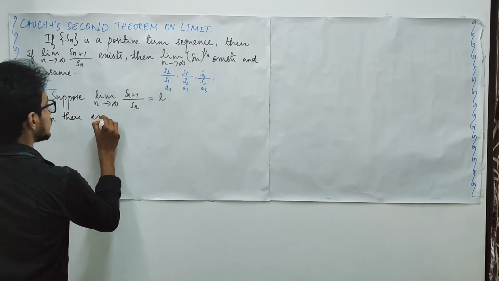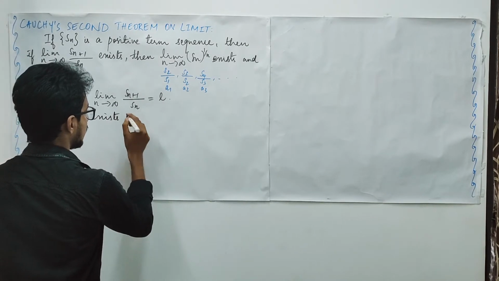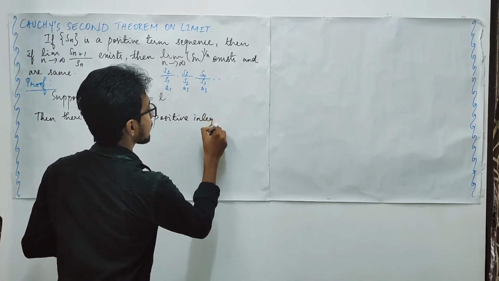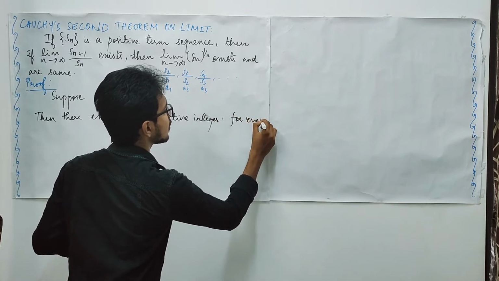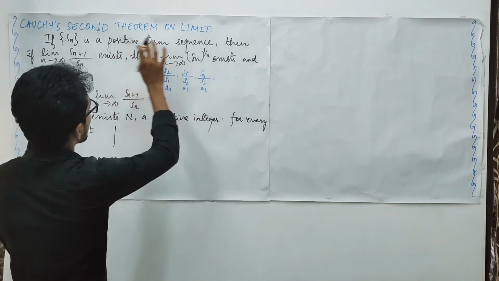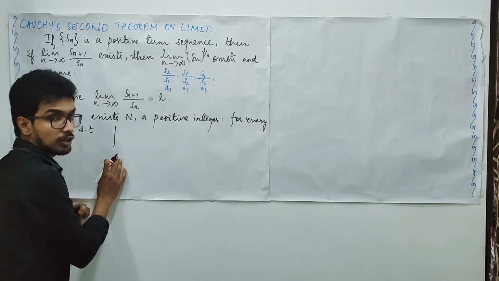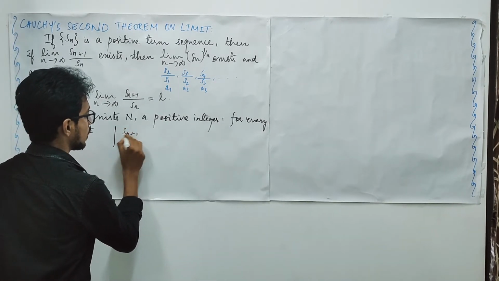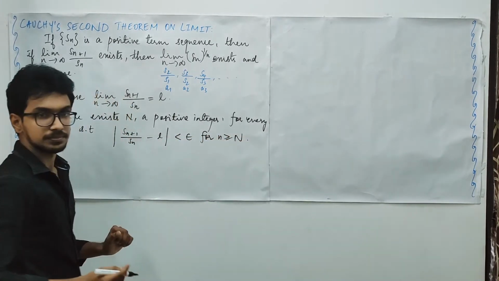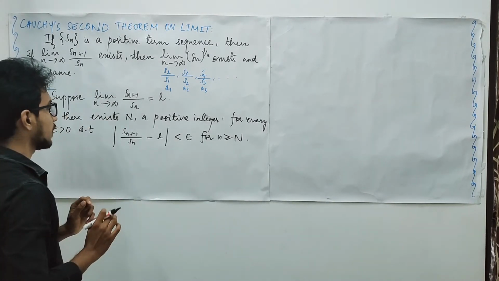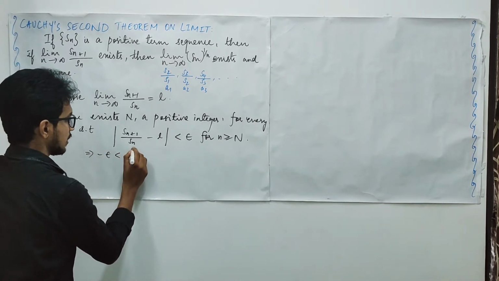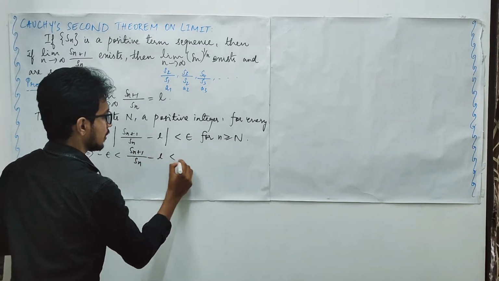Then there exists some positive integer N, for every epsilon greater than 0, such that, here we are talking of positive terms, that is why the metric is going to be the standard Euclidean metric, |S_{n+1} upon S_n minus L| is less than epsilon for n bigger than or equal to N. Now this I may write as minus epsilon less than S_{n+1} upon S_n minus L less than epsilon.